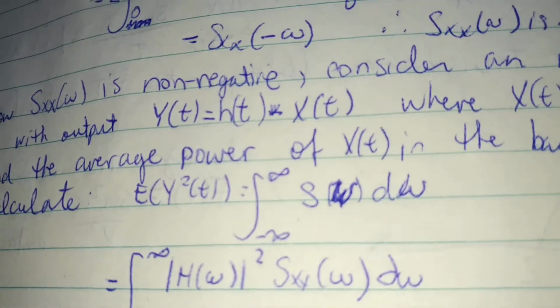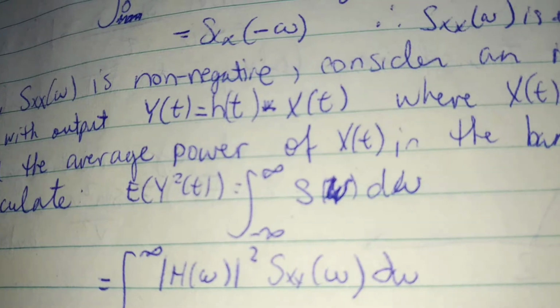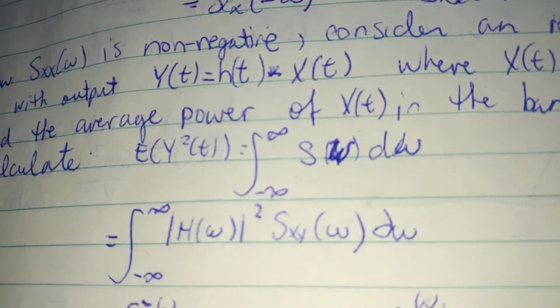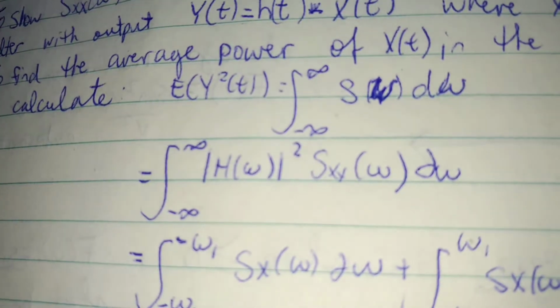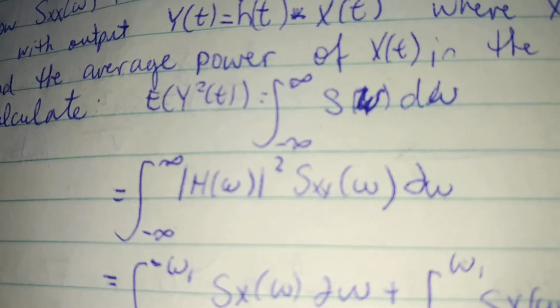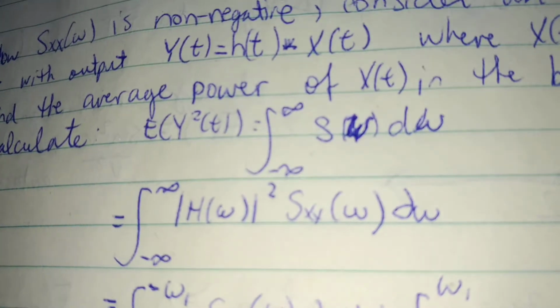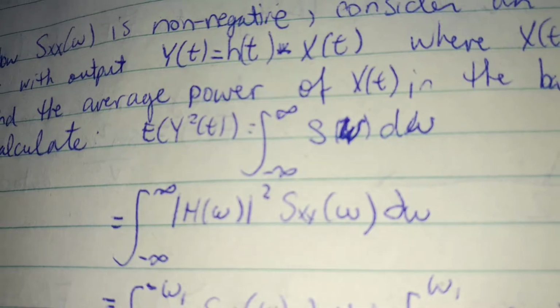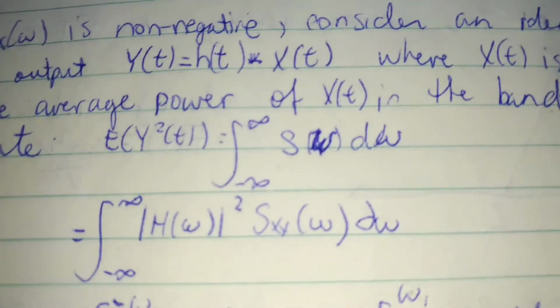the integral from negative infinity to infinity of the spectral density of y of omega d omega, and that's equal to the integral from negative infinity to infinity of the absolute value of h of omega squared times the spectral density of x of omega.